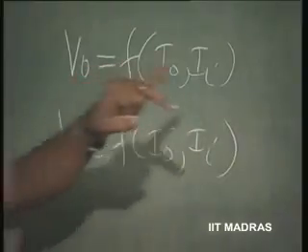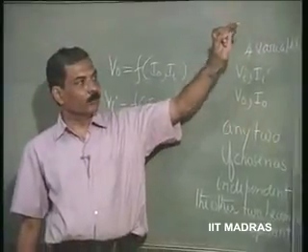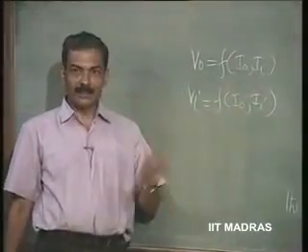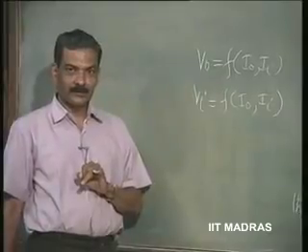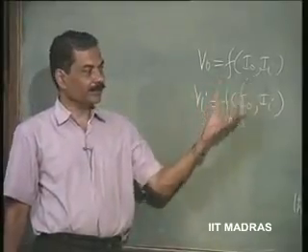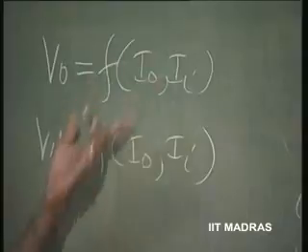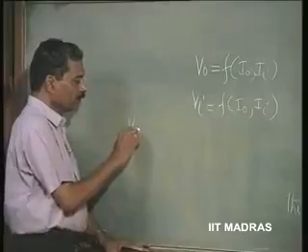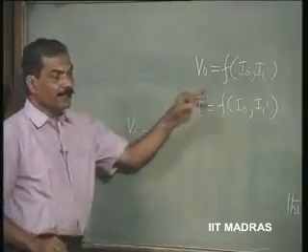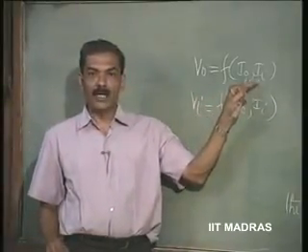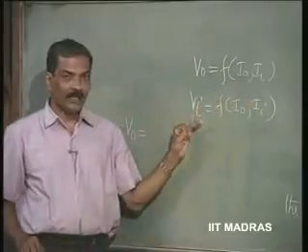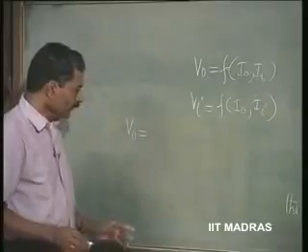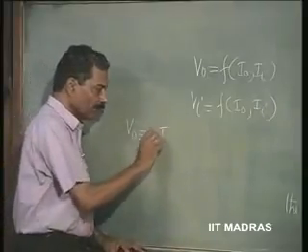But we are discussing a linear 2-port network. That means they are linear functions. This relationship says it can be any function, functional dependence. So, Vo is going to be linearly related to Io and Ii. Vi is going to be linearly related to Io and Ii. So, in which case, what is it going to be?